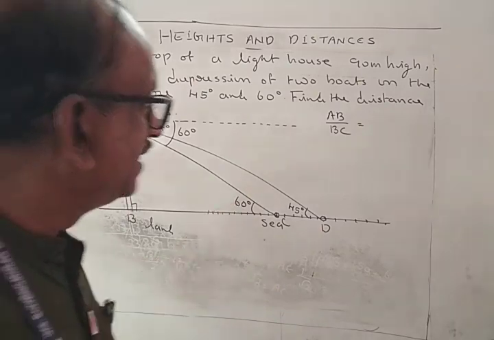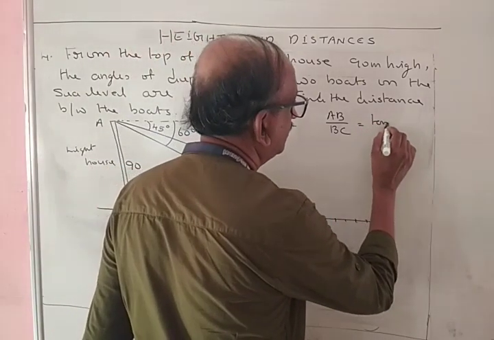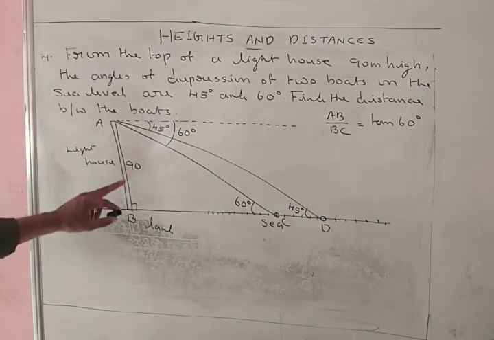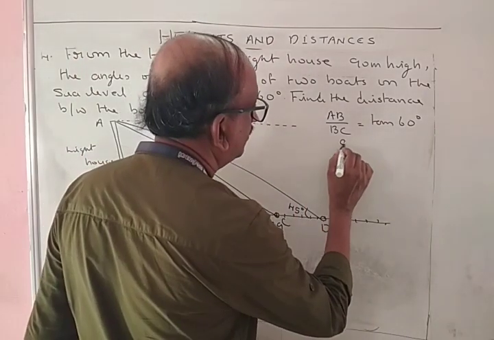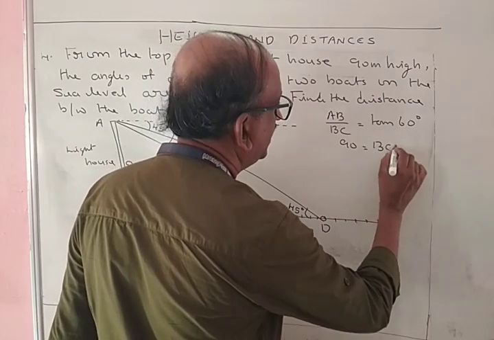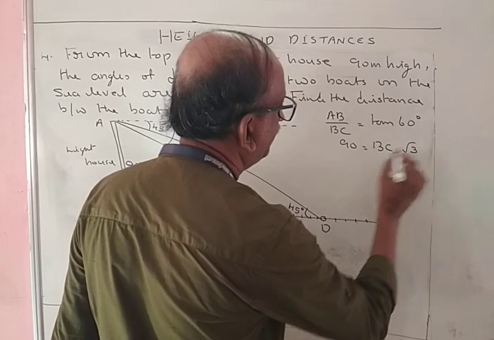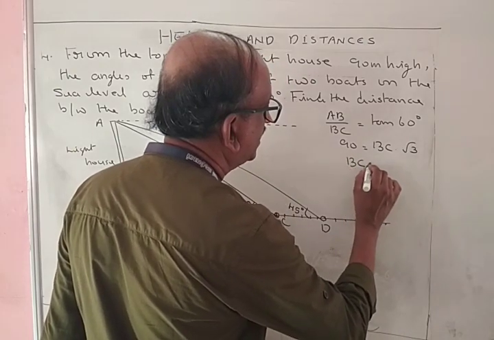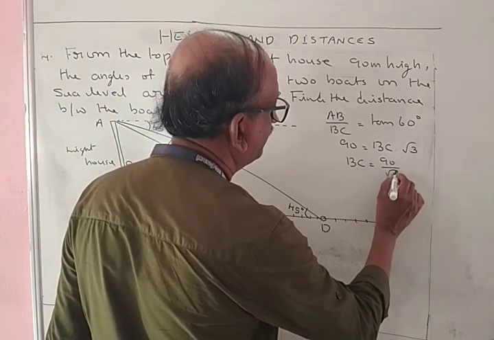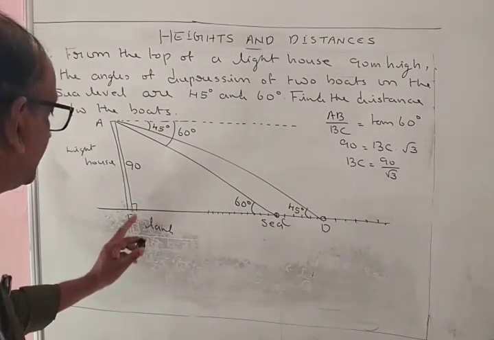Here theta is 60 degrees. Tan 60. AB is given, AB is 90. 90 is equal to, cross multiply by BC, BC into tan 60, root 3. Therefore, BC is equal to 90 divided by root 3. This is BC, B to C.